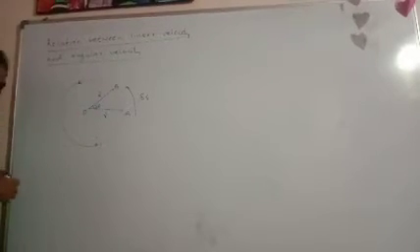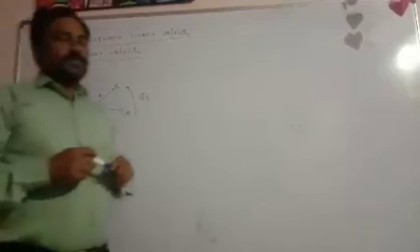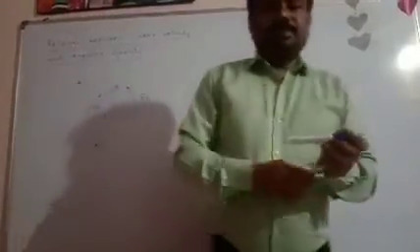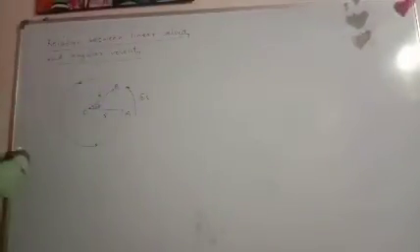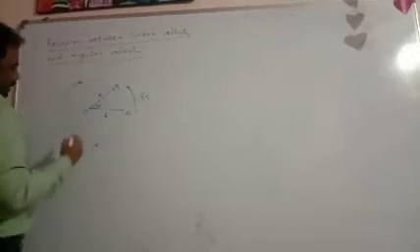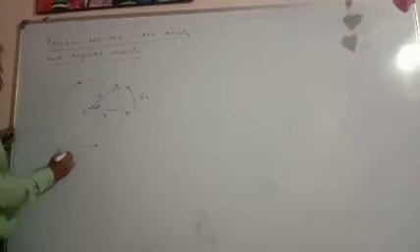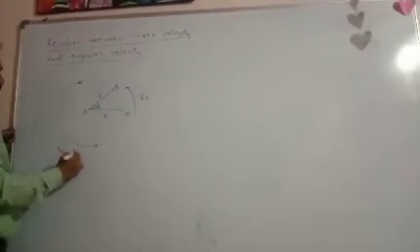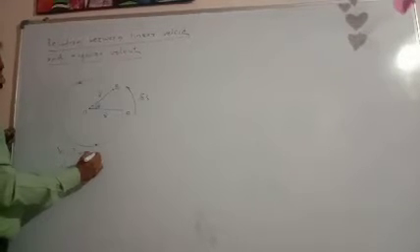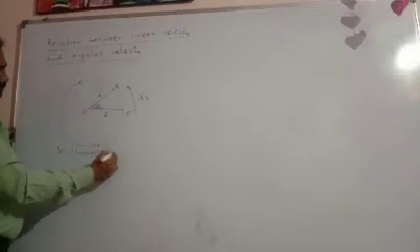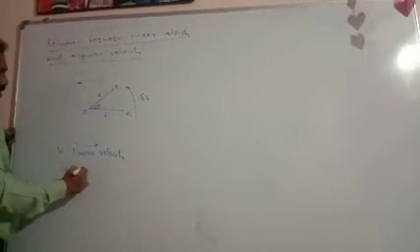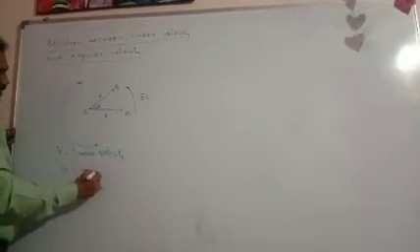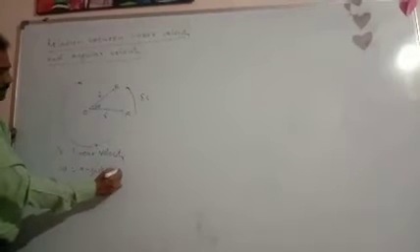If it is performing circular motion, what is the relation between its linear velocity and angular velocity? See here the notation: small v stands for linear velocity, and omega stands for angular velocity.